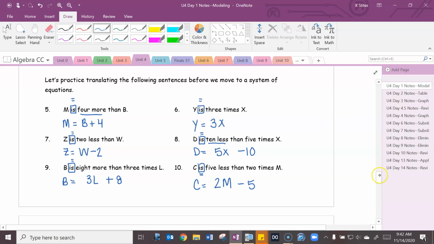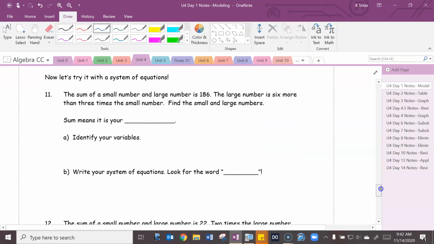All right, so now let's see how this helps us. The sum of a small number and a large number is 186. Sum means total when we add. So this is a total right here. The large number is 6 more than 3 times the small number. Okay, we got some numbers in there.